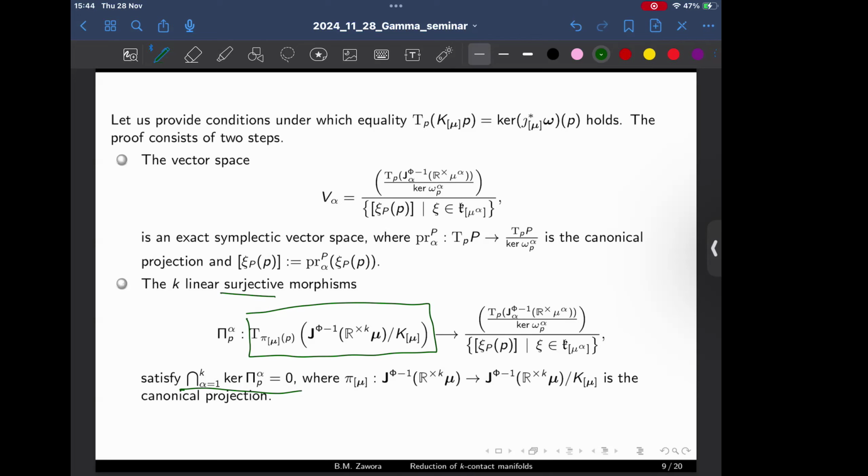So these are the two steps that will allow us to prove that this equality holds. Okay, but this is very technical.